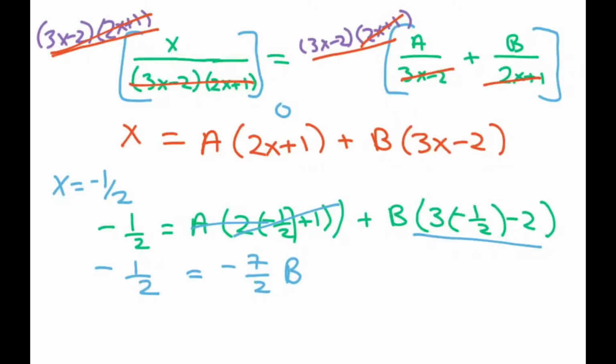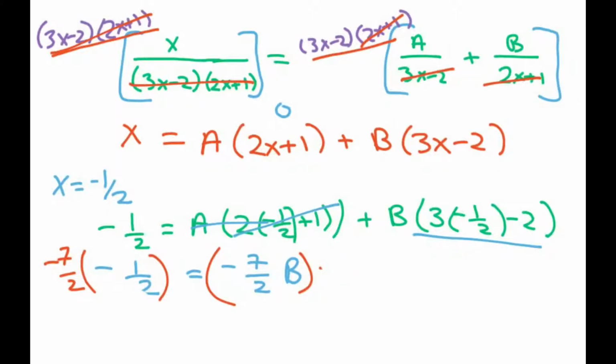So when you do, well, we're not going to add, we have to multiply. So when you multiply both sides by negative 2/7, you're going to get B. Why am I doing that?